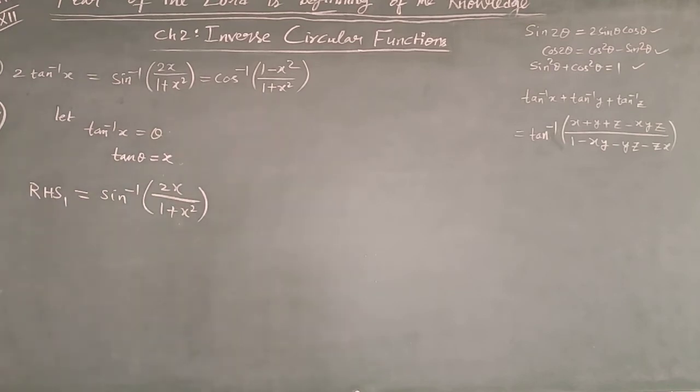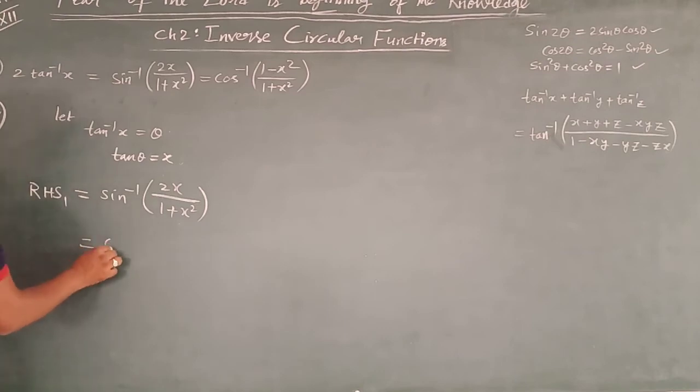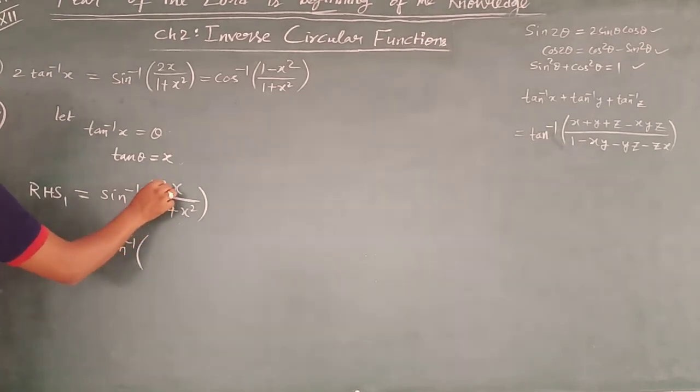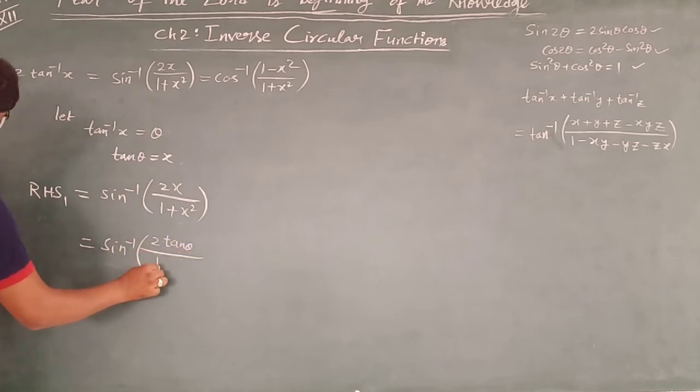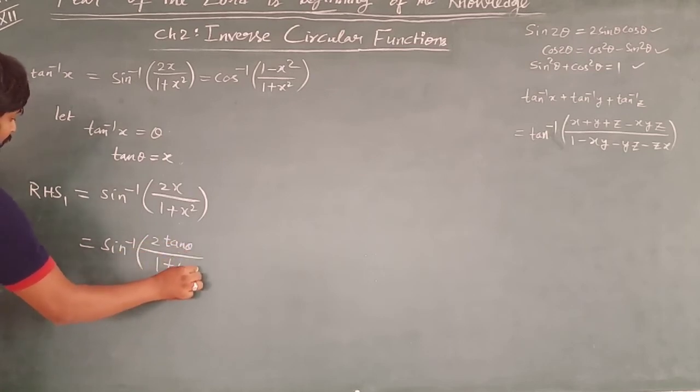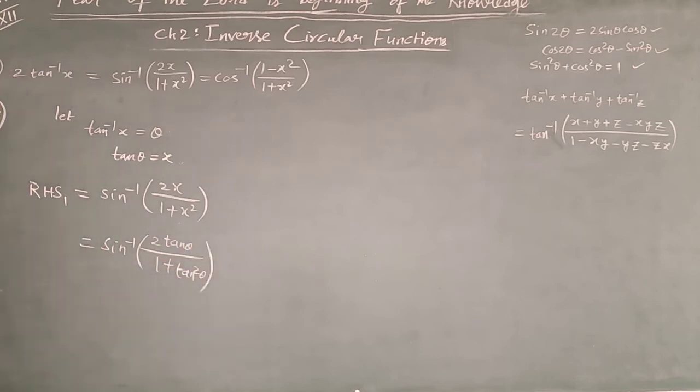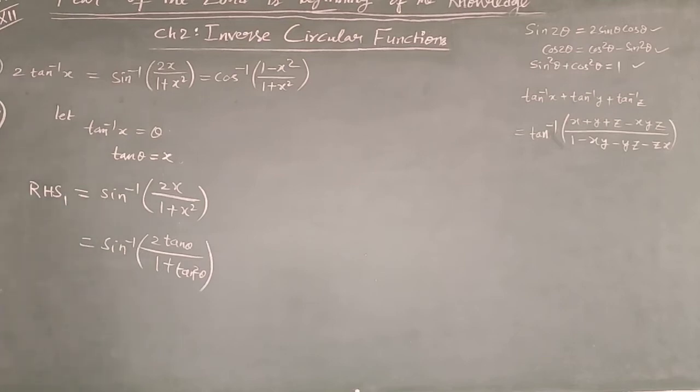So we get sin inverse 2 tan theta upon 1 plus tan square theta. 1 plus tan square theta is nothing but secant square theta.